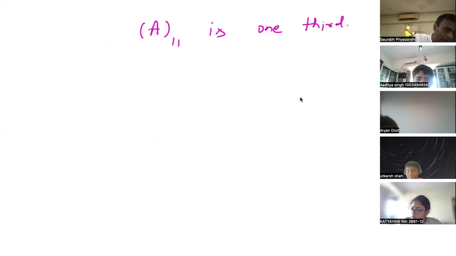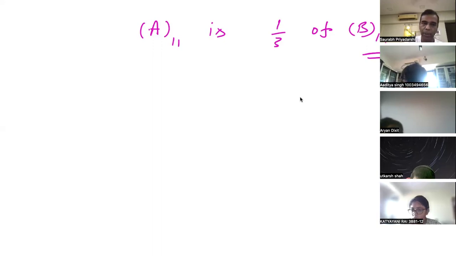See, a 2-digit number A with a base 11 is 1/3 of the 2-digit number B with a base 19, right? Find the possible numbers of this.